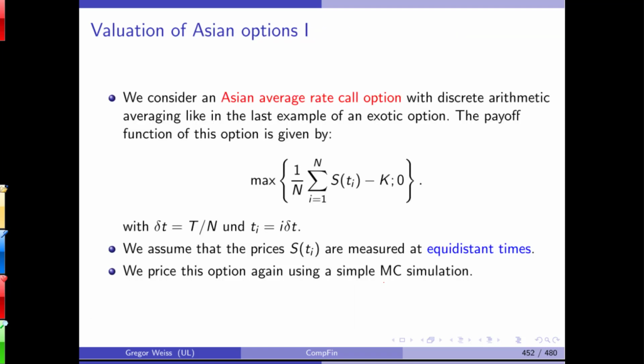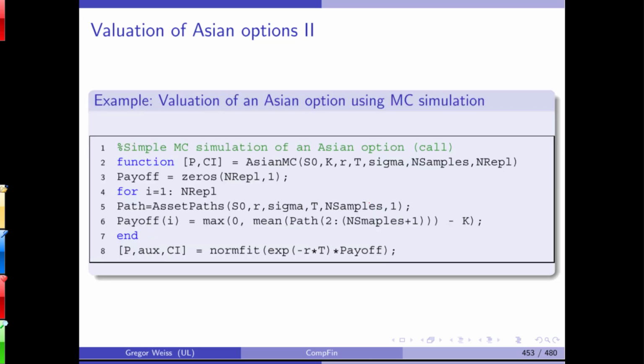Okay. Now, last but not least, we take a truly path-dependent option, an Asian average rate call option. So what's the payoff? It's 0 or the average of the stock price minus a strike, K. Now we assume that the prices are measured at equidistant times, and this is very simple. For this, you can see that we don't have a Black-Scholes price, and the pricing with Monte Carlo simulation is very simple.